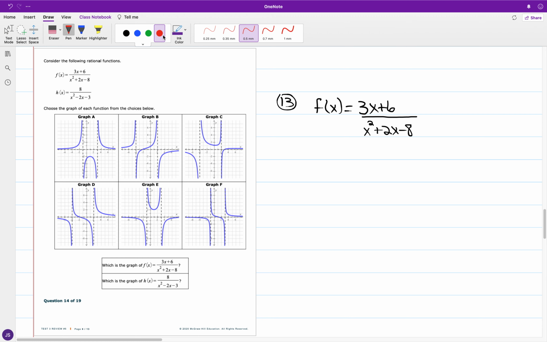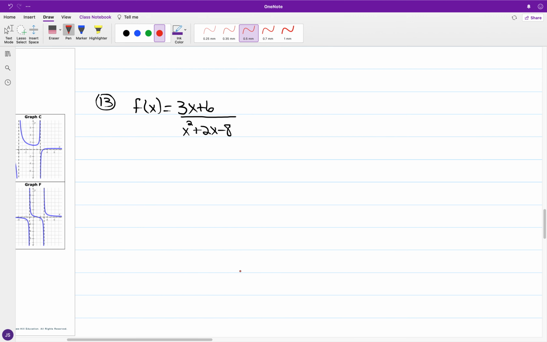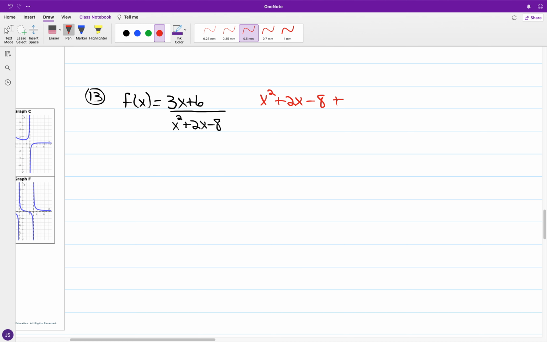Just keep in mind, with the function, I'm looking for the domain. So x squared plus 2x minus 8 cannot be 0 in value.